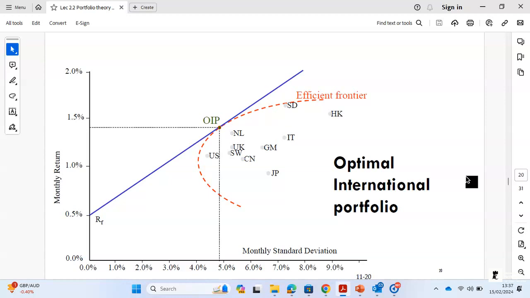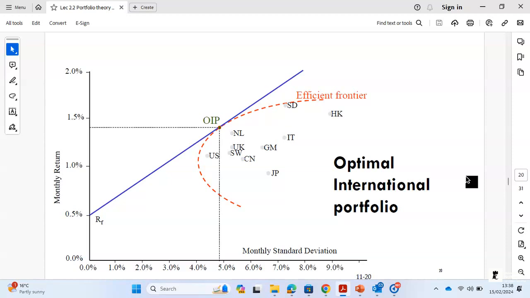It shows all the portfolios that you can create. You can't create a portfolio above this line, which means that this is the maximum return that you can earn for a given level of risk. So portfolios cannot lie beyond this efficient frontier.